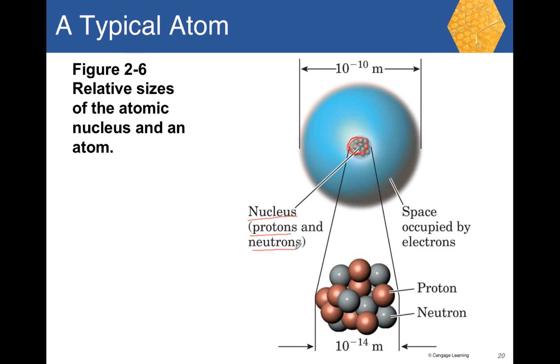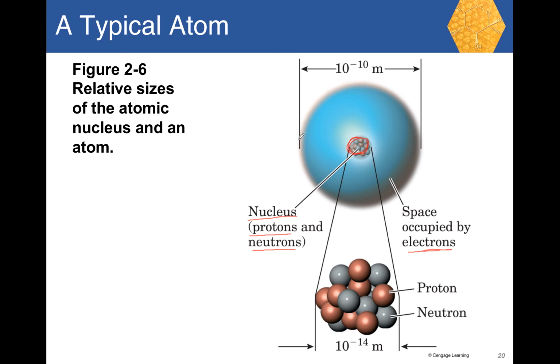The key here is the nucleus has the protons and neutrons. Don't forget that. Outside the nucleus, as shown here, are the electrons. Don't forget that, because we'll use that concept whenever we start looking at reactions.